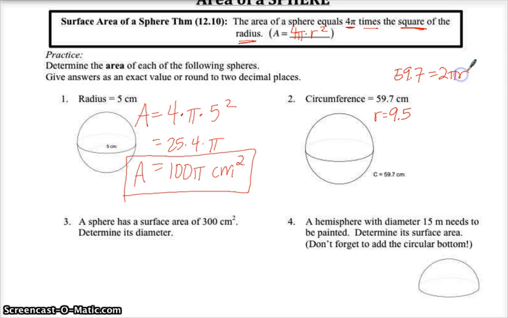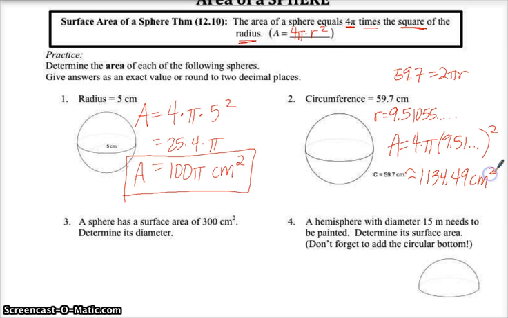R was 9.50155, etc. So we're just going to plug that into 4 times pi times 9.50 squared. When you do that, you should have gotten about 1,134.49 centimeters squared.